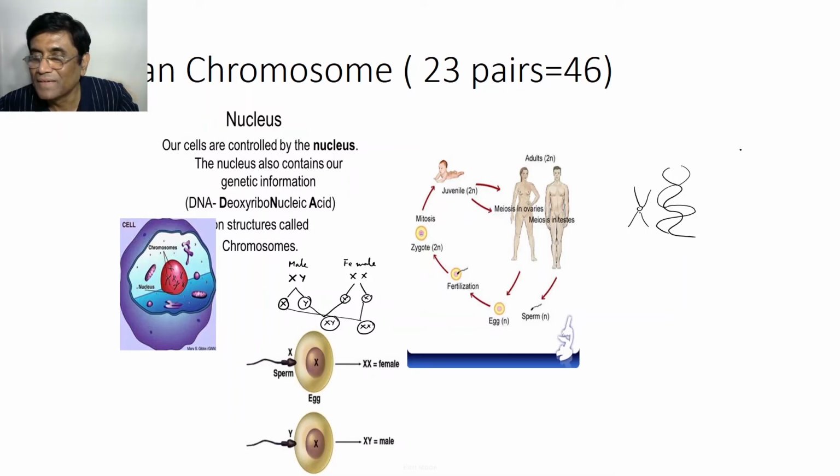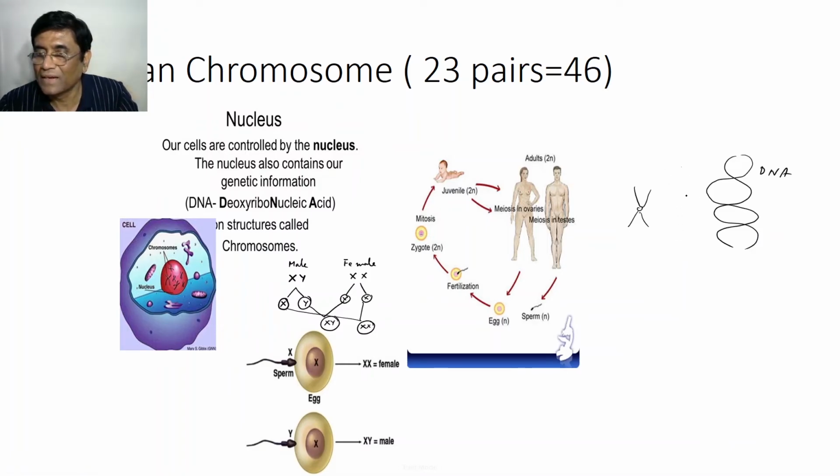I am not good at drawing this, but maybe I will do it like this. The DNA, deoxyribonucleic acid, is there, and it carries the genetic material, extremely complex. Guanine, thymine, adenine, this kind of biological molecules construct the DNA, which carries all the characters of a person.